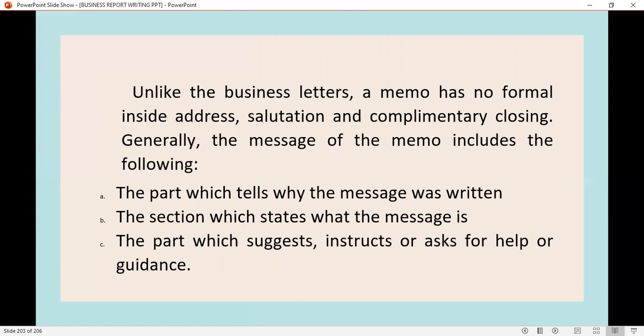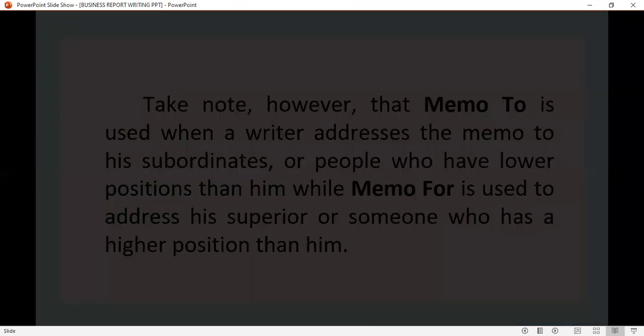Here are the things inside a memorandum: the part which tells why the message was written, the section which states what the message is, the part which suggests, instructs, or asks for help or guidance. So, yun yung pwedeng maging laman ng memo. Nagbibigay ng suggestion, nagbibigay ng instruction, or nanghihingi ng help or guidance.